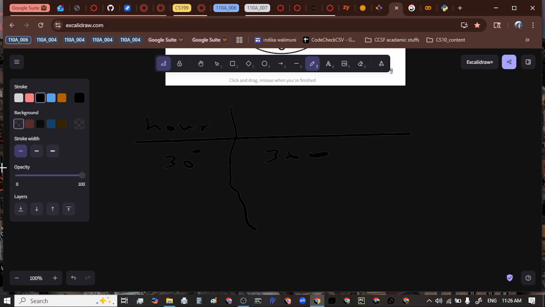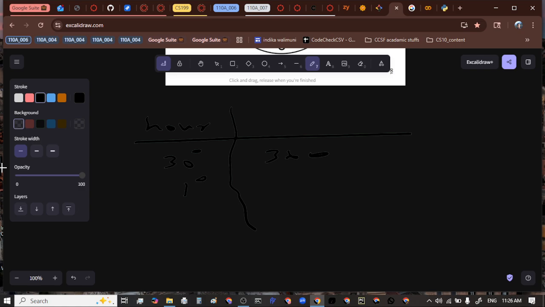Now, when the hour hand moves 1 degree, how much does the minute hand move? If it moves 30 degrees, the minute hand moves 360.